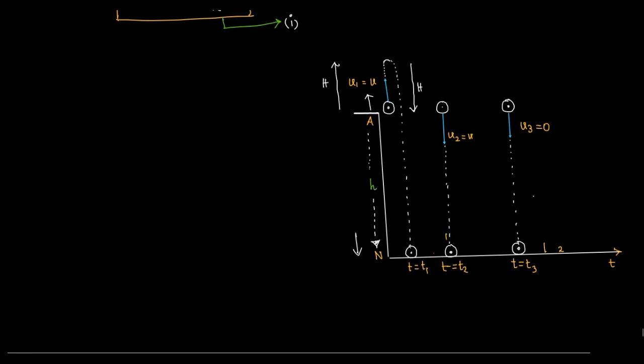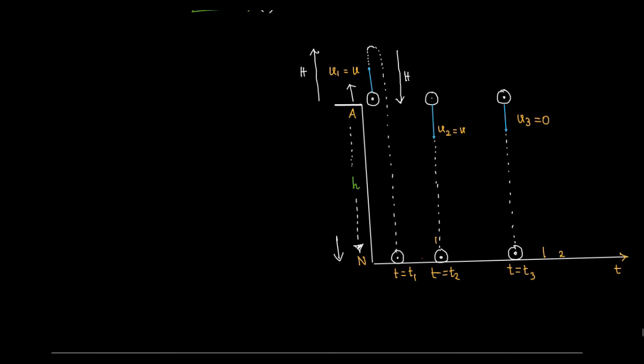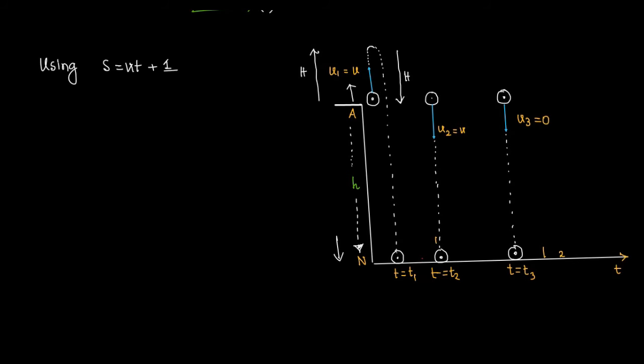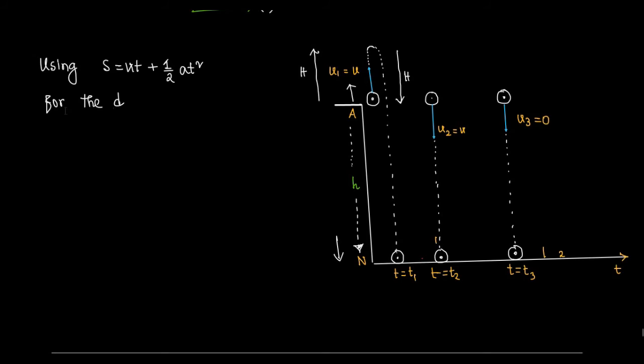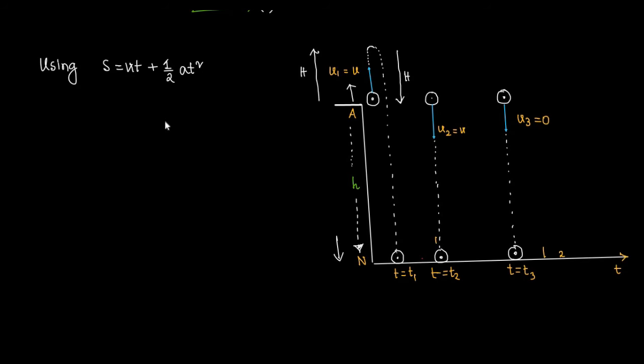Now for the second case, the body is dropped with the speed u2 equal u, and we have to consider the equation of motion using the equation S equal ut plus half at square, in downward direction.